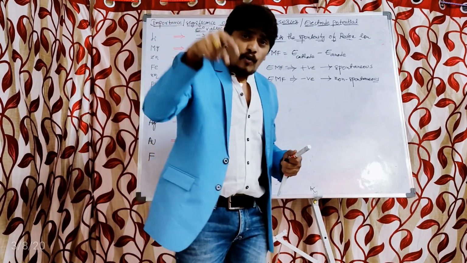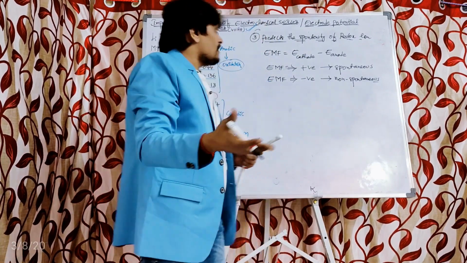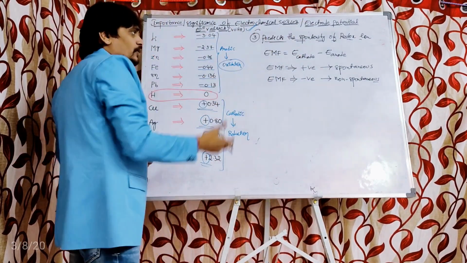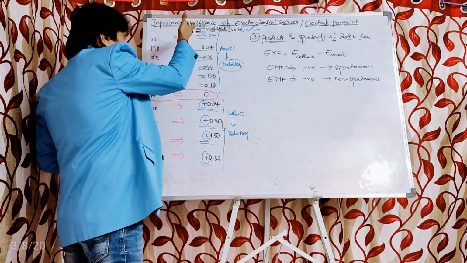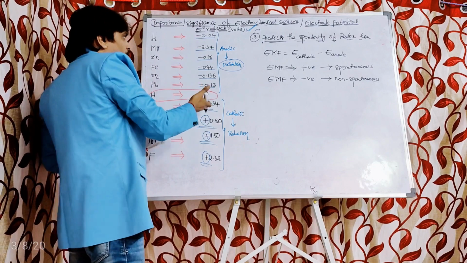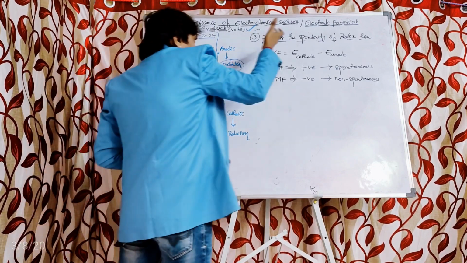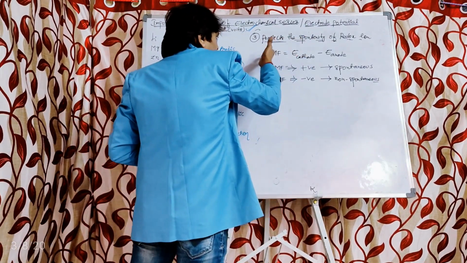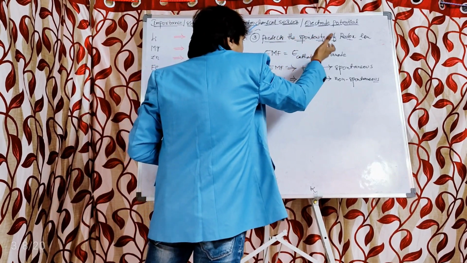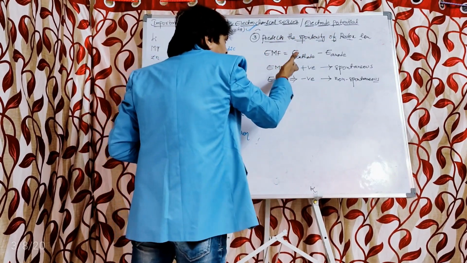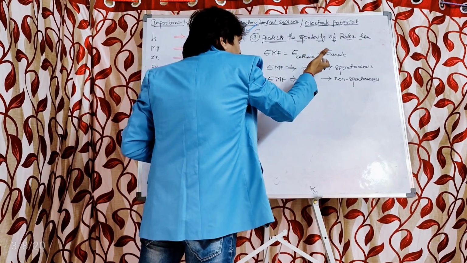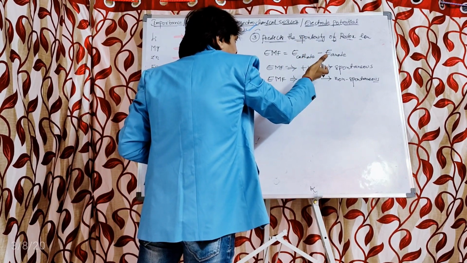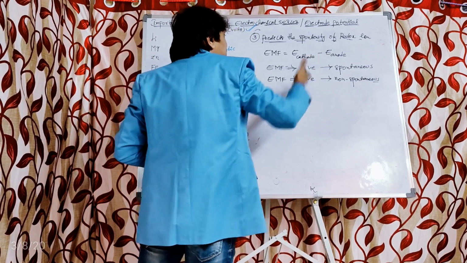Now, what E cathode and E anode are, we can know very well with the help of the electrochemical series. By substituting these values in the formula, EMF equals E cathode minus E anode, if we get a positive value, then the electrochemical cell constructed between the two electrodes is spontaneous.